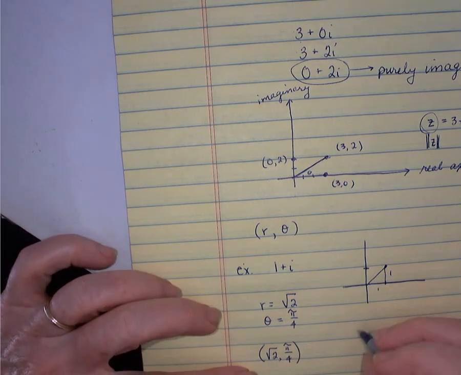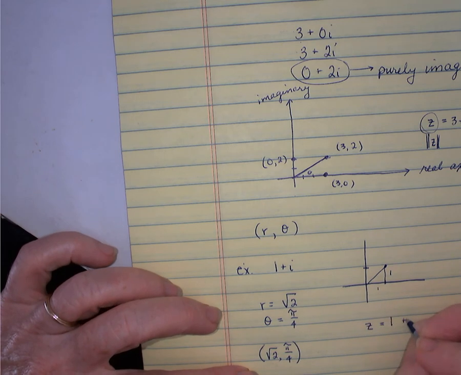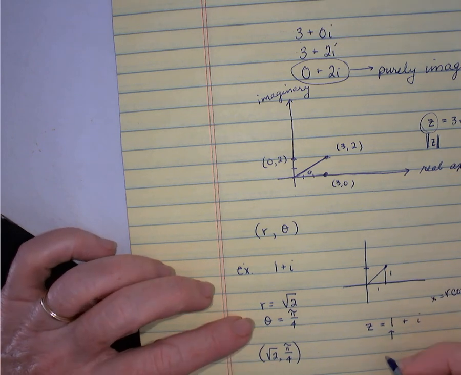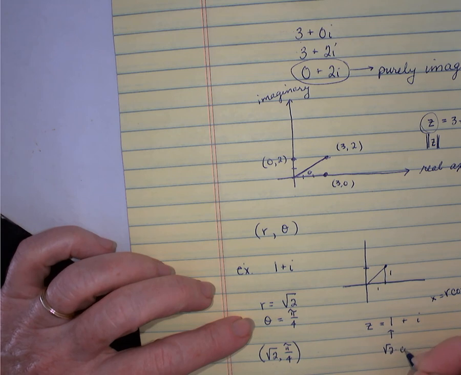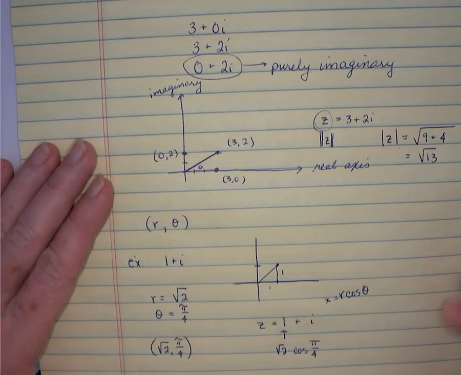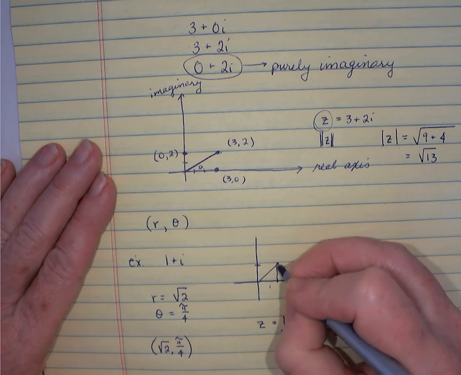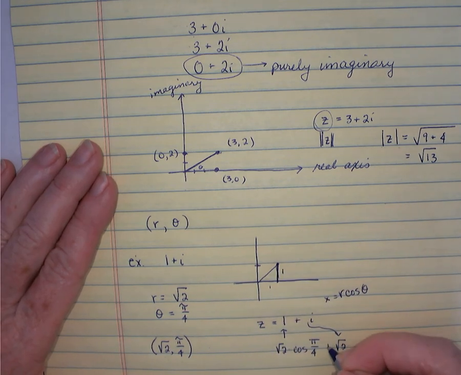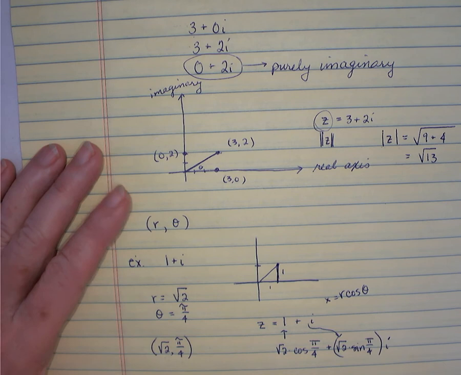But what I'm going to do is use the formula r cosine theta, that's my x value. So I'm going to say this is the square root of 2 times cosine of pi over 4. The coefficient of the i term is 1, so my y value is 1, and I'm going to write this as plus the square root of 2 times sine pi over 4, all times i.